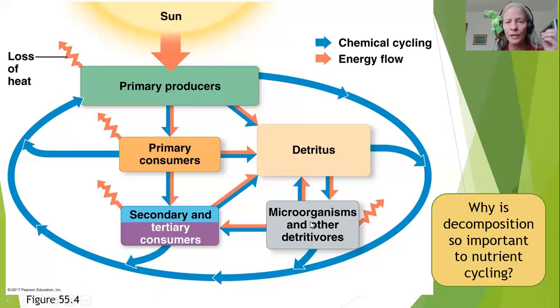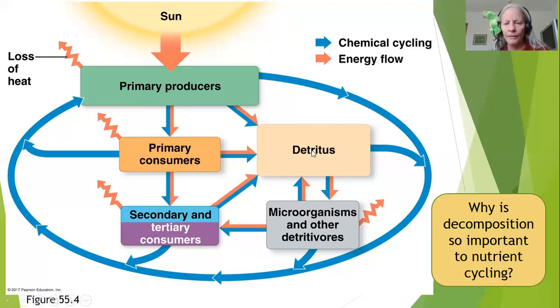Also, these microorganisms liberate any mineral nutrients, iron, sodium, potassium, calcium, magnesium, nitrogen, and those are going to go into the soil, and the soil is going to end up being taken up by the plants as well. So this arrow could be carbon, it could also be nitrogen, could be pretty much any kind of nutrient that ends up going back to the primary producers.